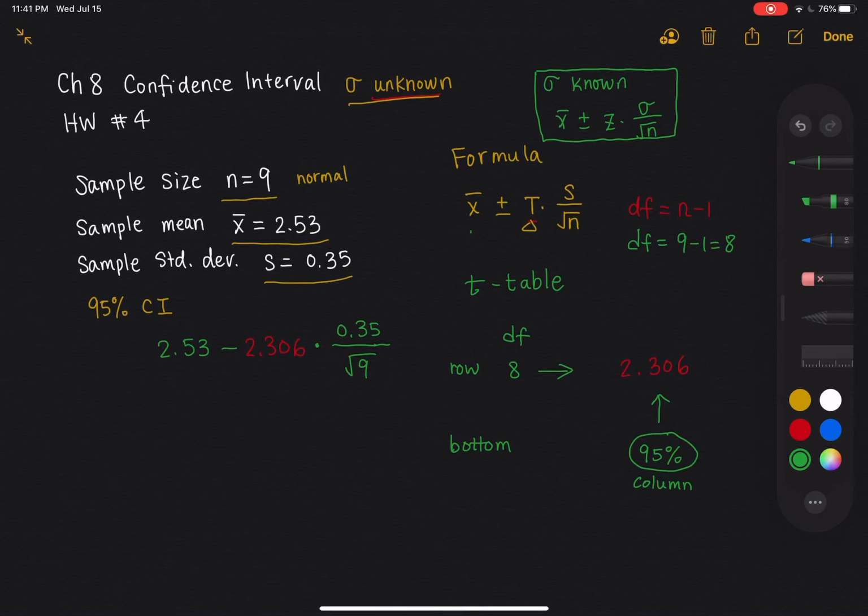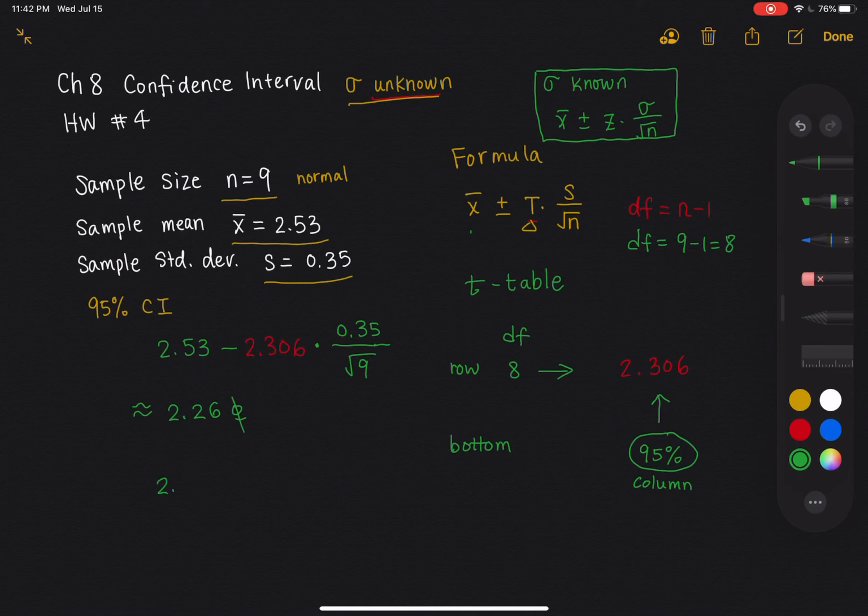Some of you might know the square root of 9 is just 3, you can enter that too. You should get 2.260, and you round to 2 decimals, so it should be 2.26, because right after 6 is 0.